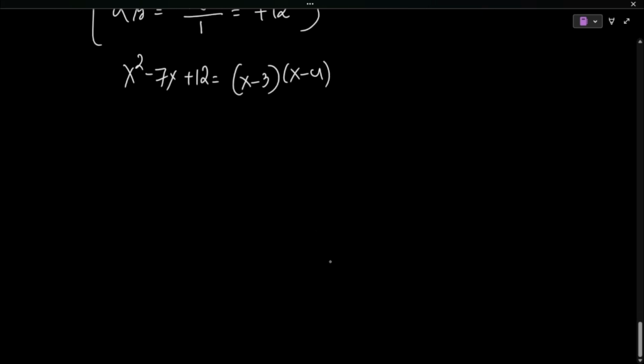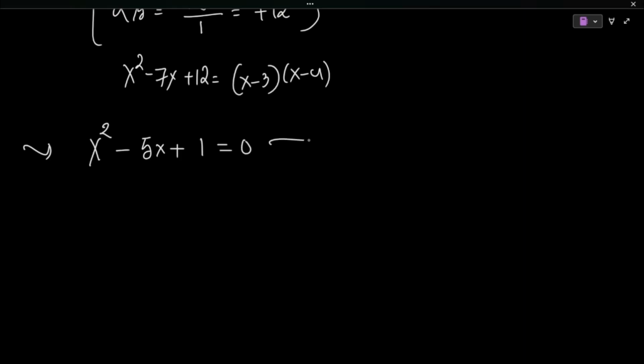Now, most of the questions revolve around the fact that they involve roots. So, what you can do is this. Suppose you're given an equation, let's say x square minus 5x plus 1 equals 0, and this equation has the roots alpha and beta.